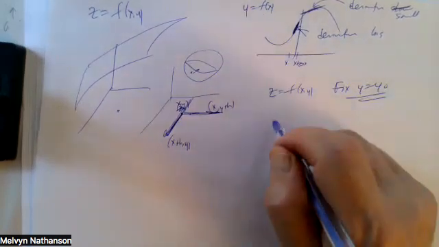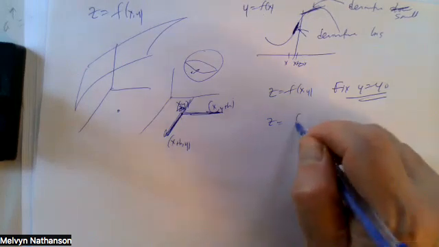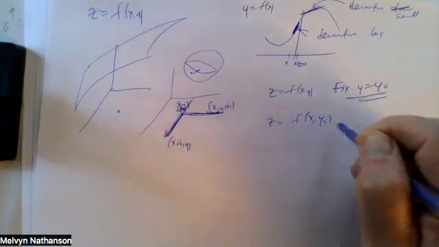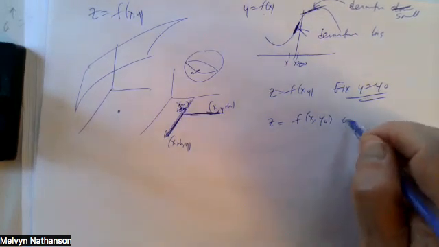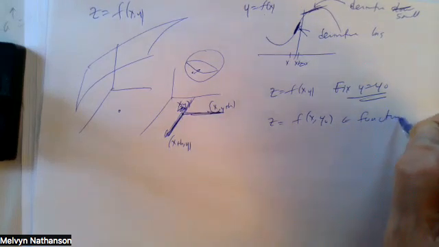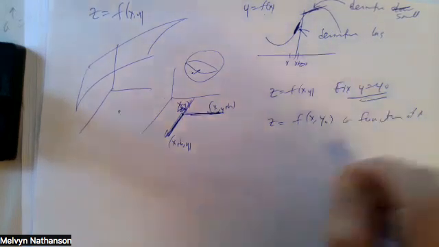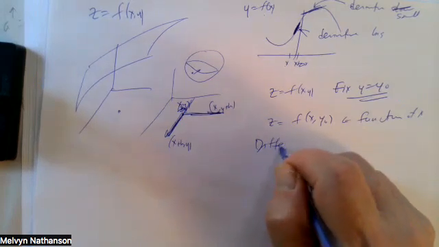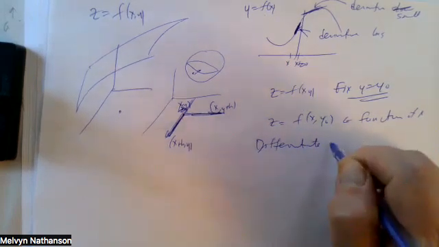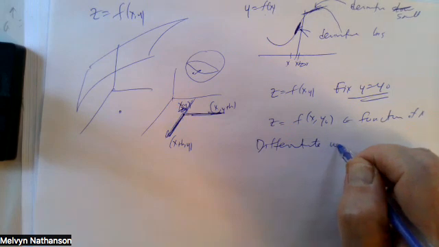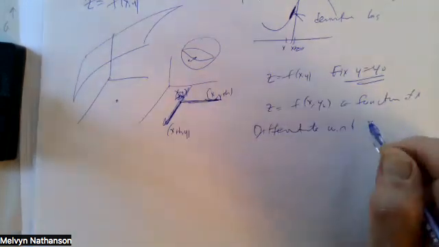So you actually have z is f of x, y naught, where y naught is fixed. So now this becomes a function of x. And you can differentiate this with respect to x.